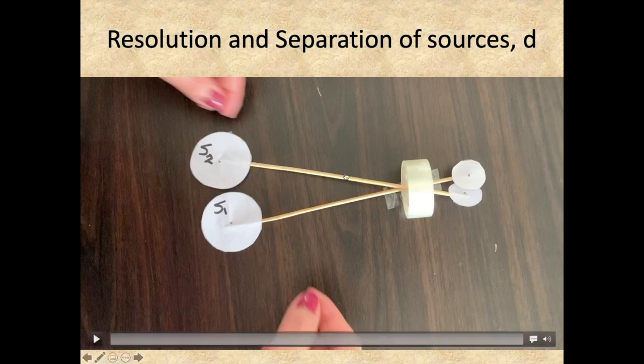In this example, I have a source 1 here and a source 2 here. These represent the light ray coming from the centers of the two sources. This is the circular aperture that the light is collected with, and these represent the images formed by each source on the screen.